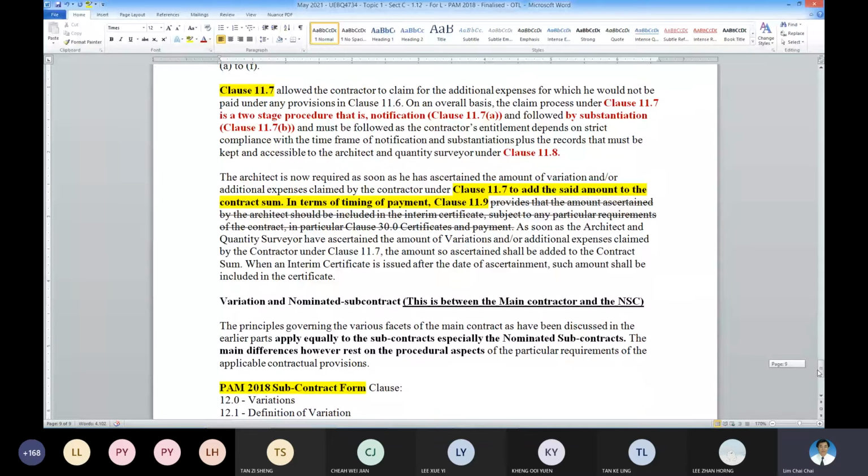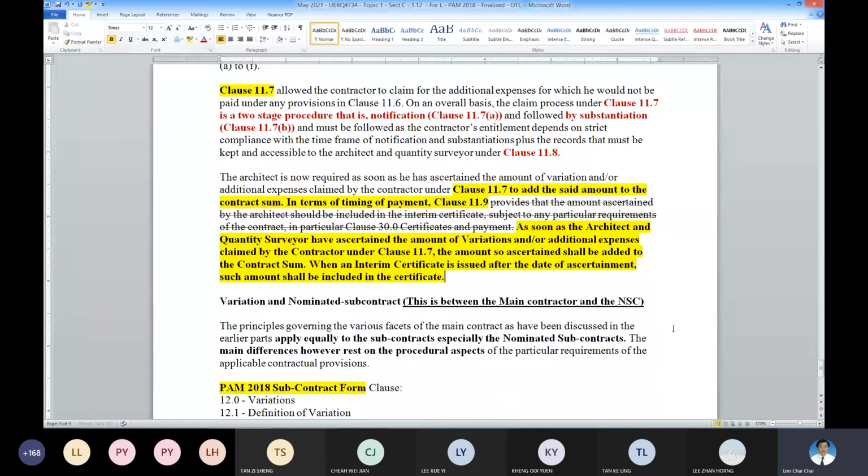Okay, so these are important on the payment. You need to reflect it as soon as possible so that they can be incorporated into the interim payment certificate. So this is the main contractor one.